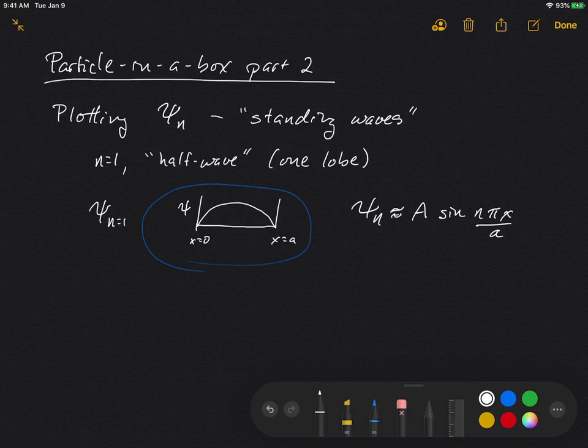So even though sine is defined for any value of x, our wave function is only non-zero between the range x equals 0 and x equals a. Okay, so we have to remember that. We can't forget that and decide, well, now we're in sine land, and let's forget about the fact that our wave function is supposed to vanish at the edges of the box. We don't have the luxury of doing that.